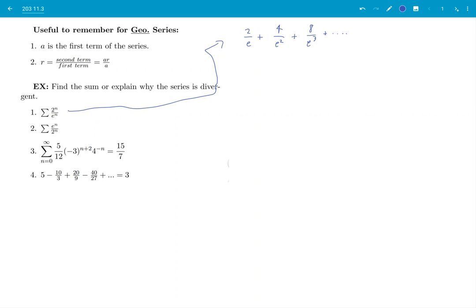So what you could do here is you can take this expression and write it as 2 over e to the n, and then you see that we have a geometric series. We have an r to the power of n, and then the a in front is just a 1. Now that you're convinced that you have a geometric series, you can go ahead and use your formula.